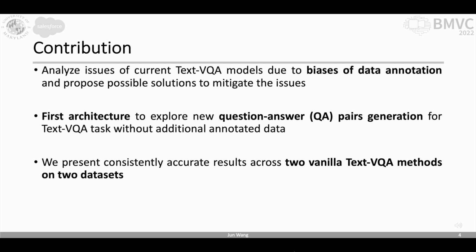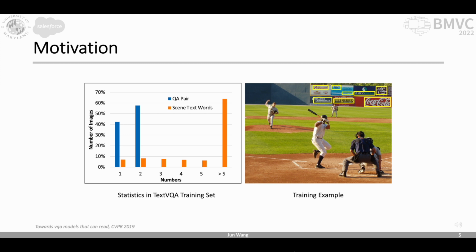Third, we present consistently accurate results across two vanilla text VQA methods on two different datasets. The experimental results suggest that the existing text VQA algorithms can benefit from the high quality and diverse question-answer pairs generated.